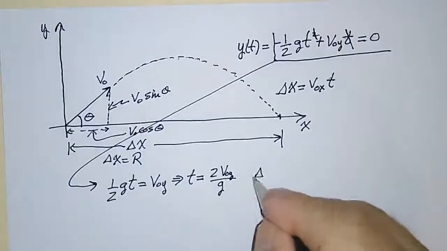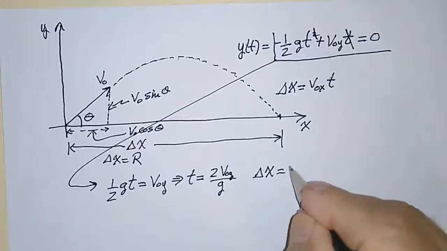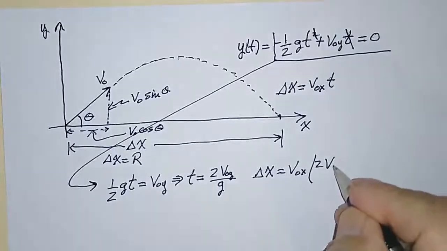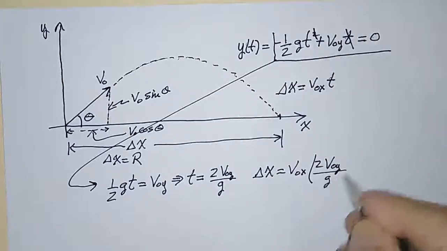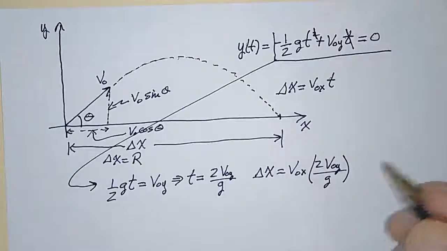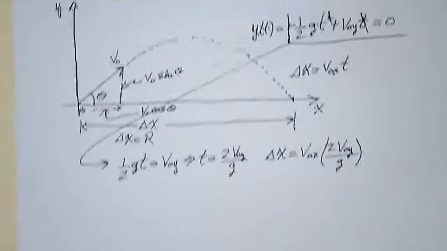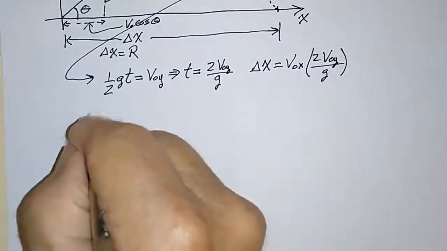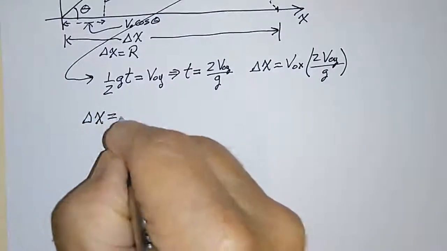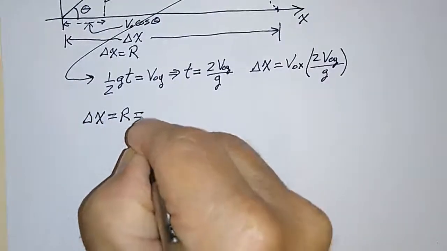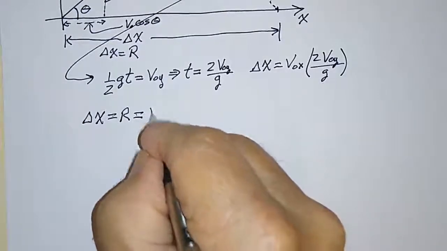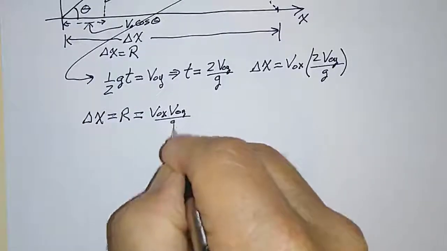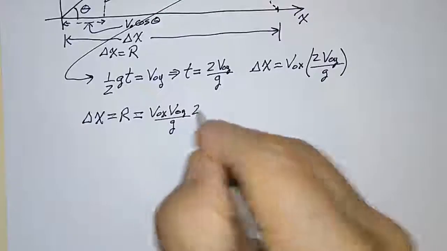So therefore, delta x is equal to v0x times t, which is 2 times v0y over g. Or I can write delta x, which is equal to R, the range, is equal to v0x v0y over g times 2.